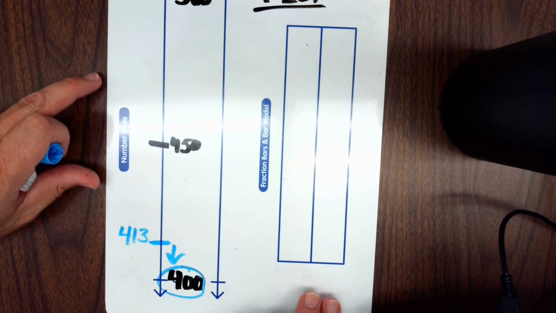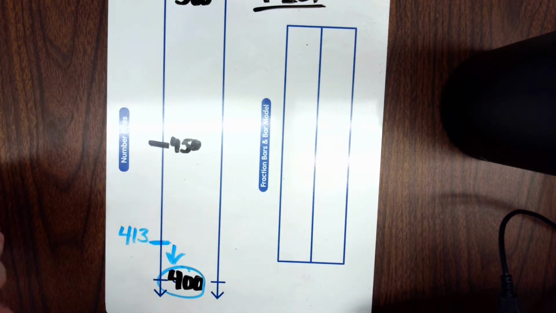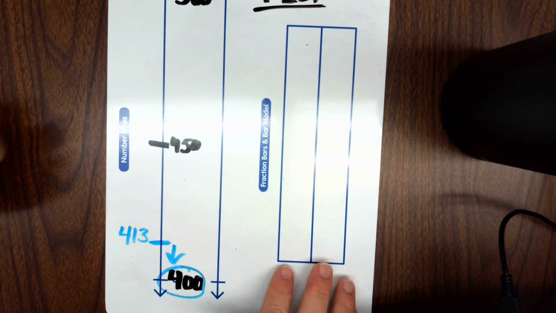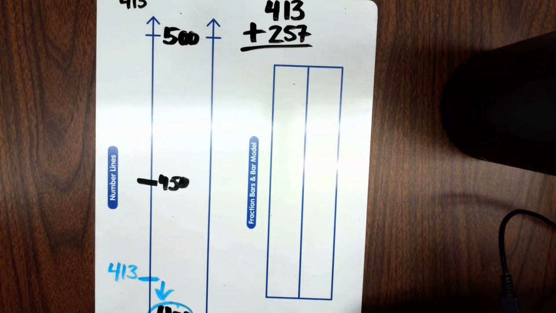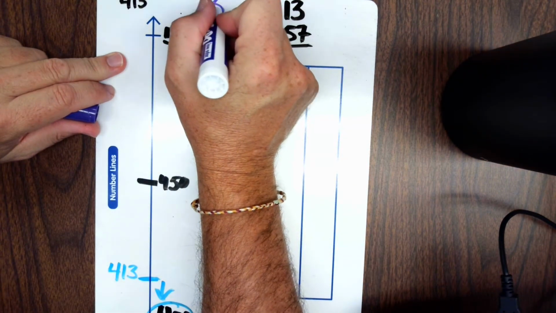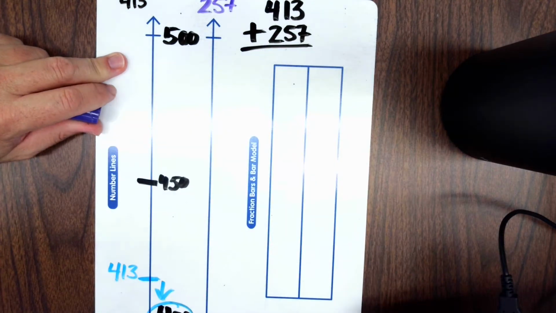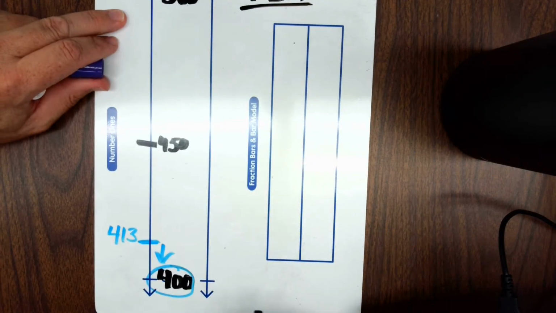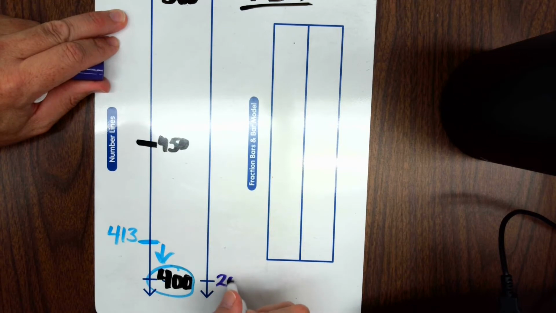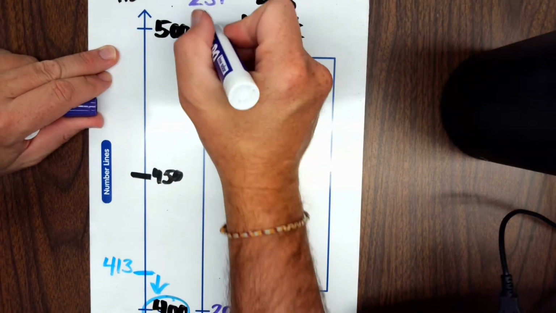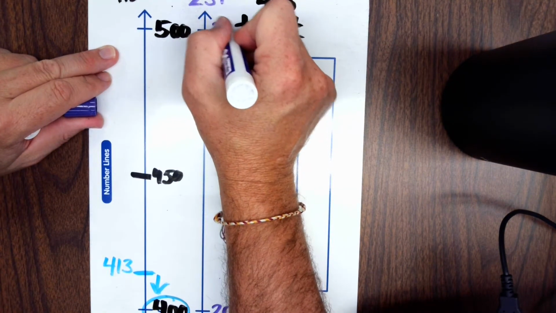Next, I'm going to plot my second number, which in this case is 257. So there at the bottom, I will have 200. At the top, 300.